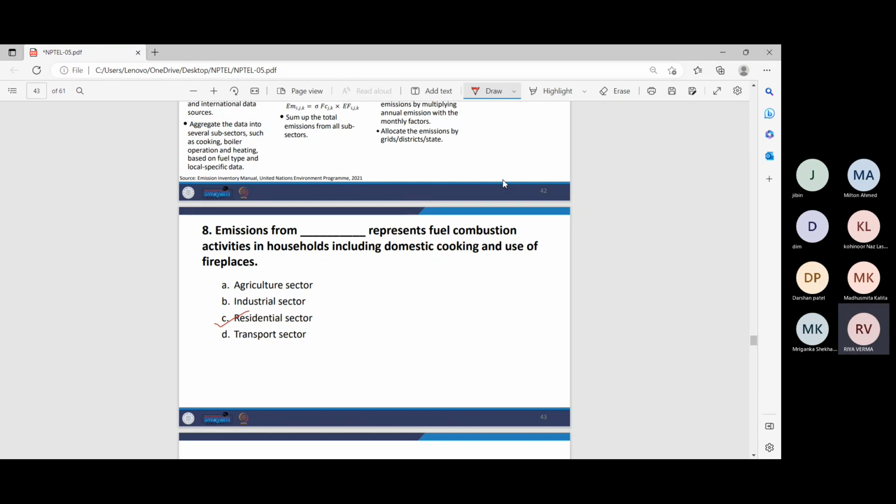During your sowing and harvesting process, if we are using any mechanical equipment, then maybe some emissions will be there. Then after harvesting, if the residues that are generated are being burnt, then some kind of emissions definitely will be there.